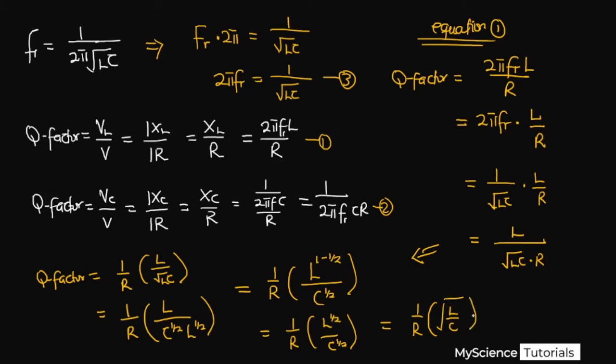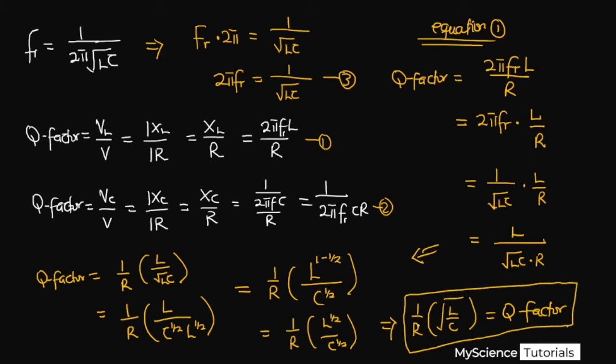So at the end, we are saying that our Q factor can be given to us mathematically as 1 over R multiplied by the root of L over C. So this is the formula for our Q factor.